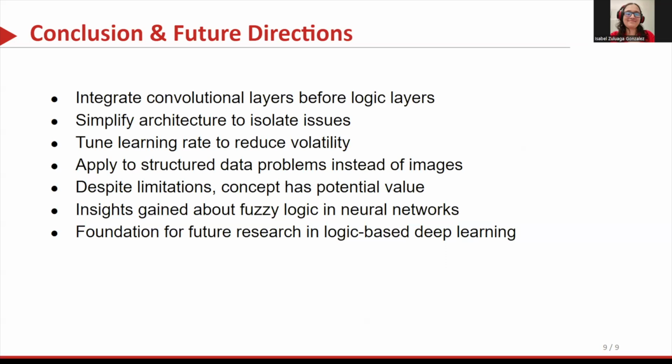More careful tuning of the learning rate might also reduce this volatility. Alternatively, I think this approach might prove more effective on structured data problems. There are also hybrid architectures where, for example, convolutional features can be fed into logic layers.